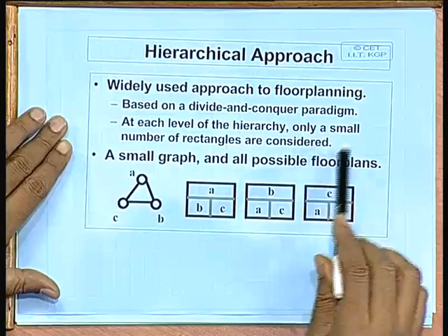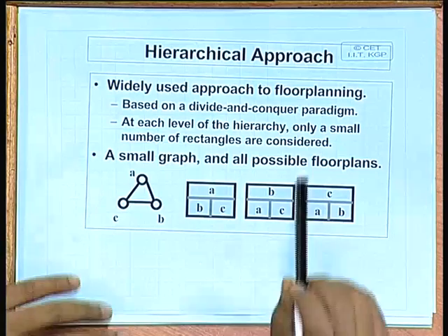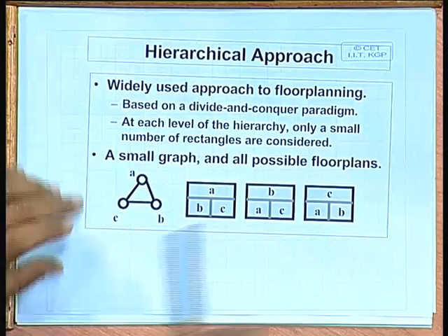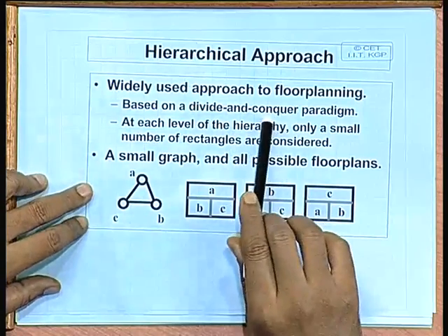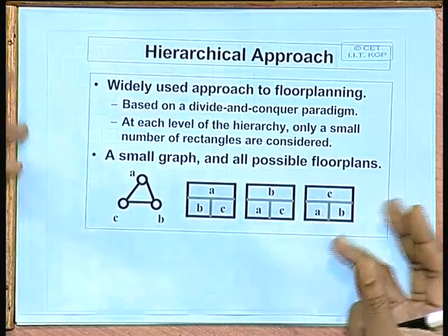So what people normally do is either go for a hierarchical approach or a randomized algorithm like simulated annealing. The hierarchical approach is fairly simple in concept. It is based on a divide and conquer approach, because at every stage we consider only a few of the rectangles and their relative orientations and placement.